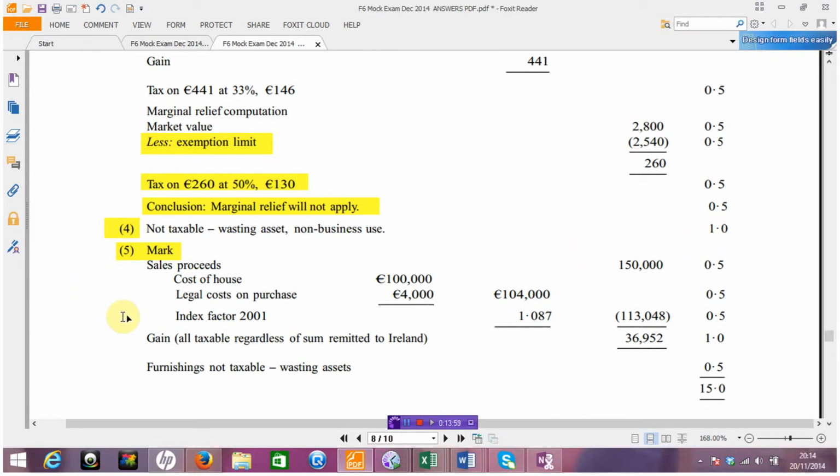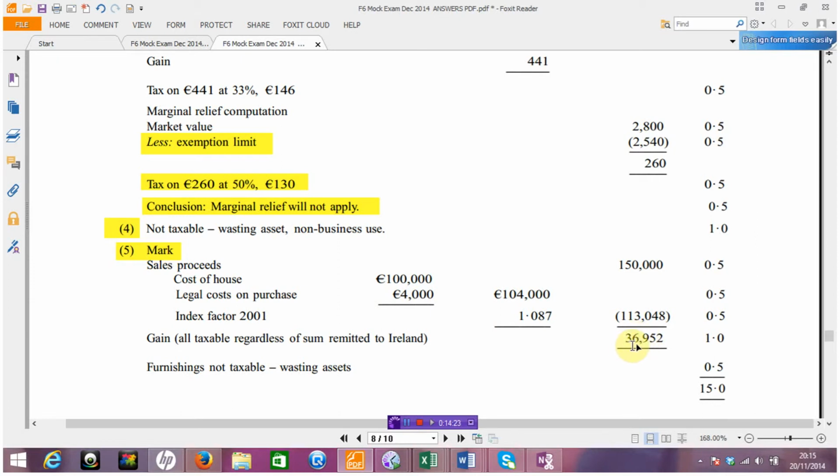Next point, number 5. Again, as I look through the question, you'll recall that I said that this was a fairly straightforward calculation, and it is in the main, because really what we've got here is a simple 3-liner. We can see the proceeds in the question. We've got some costs that we're going to deduct, and we're going to apply our IR to get 113. And obviously the difference is the 36.